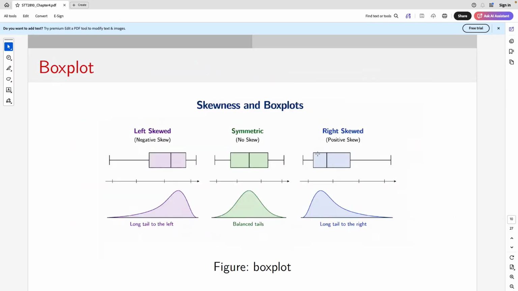For example, the length of this box here is the IQR. Is that okay? Good. One thing I want you to have in mind is that if this box is longer, it means that the variation is a lot. Is that okay? If it is shorter, it means the variation has reduced significantly. So one thing you have to always have in mind.